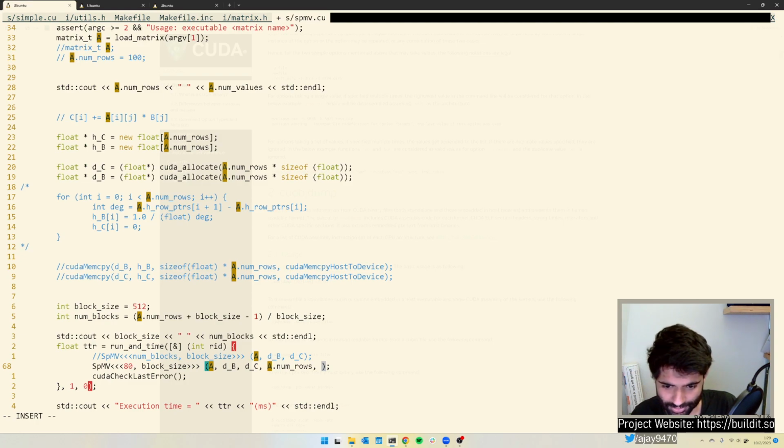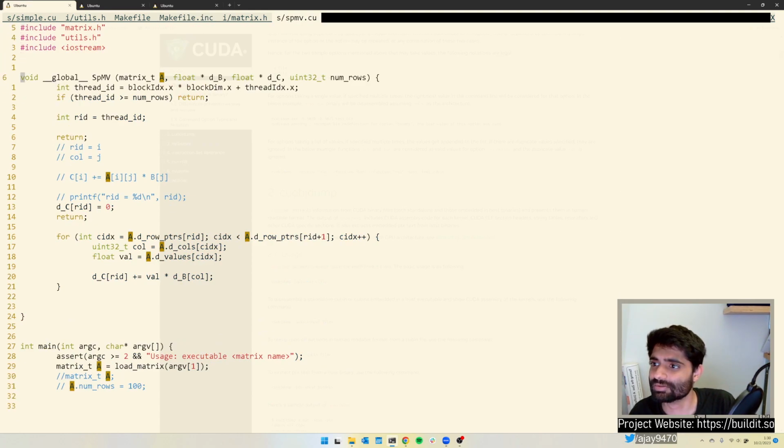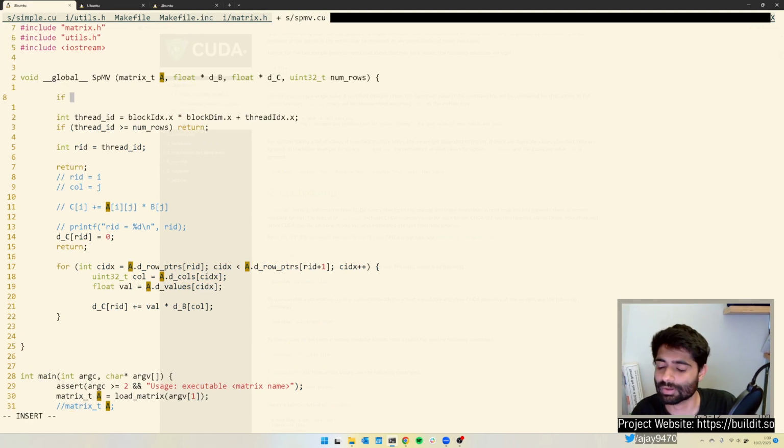What I'm going to do is take num blocks as a parameter. This is 2 now. And inside this kernel, I'm going to do for int pid equals blockIdx.x; pid is less than num blocks; pid plus plus.